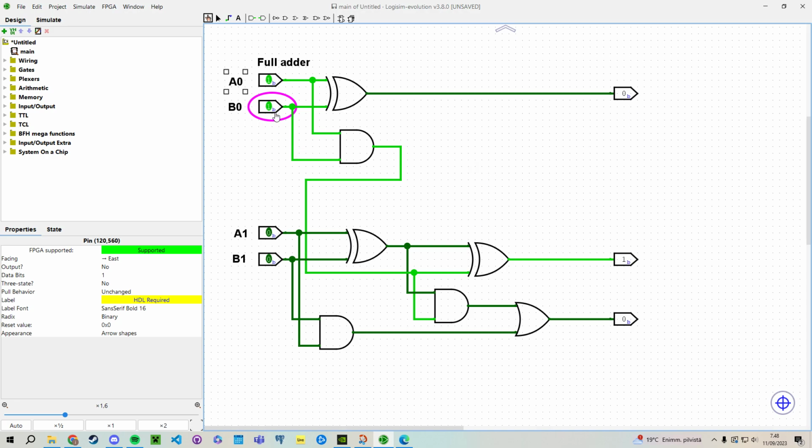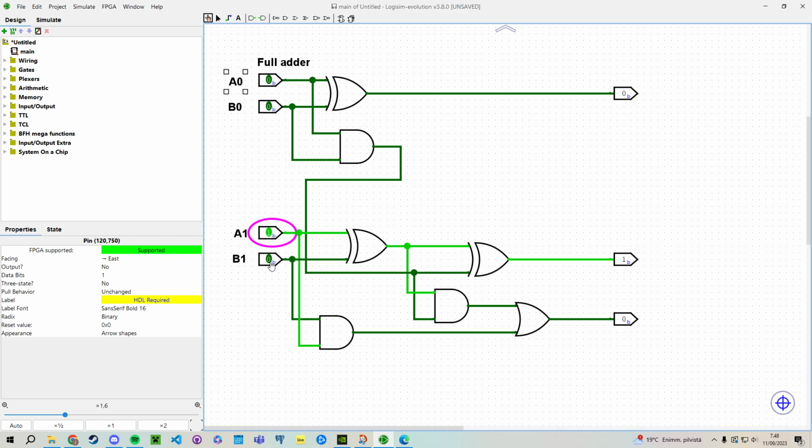And let's fool around with the bottom one. And if we put this to 1, it should go just through both the XOR gates and be 1, 0. Yes.